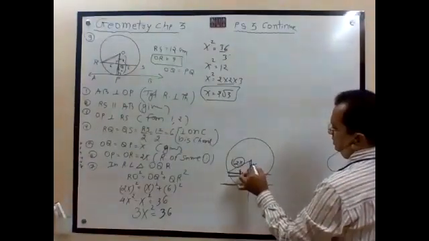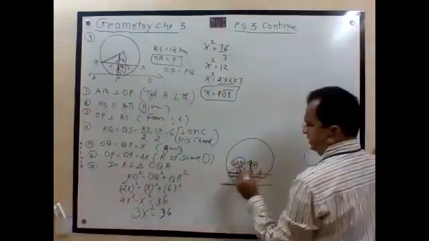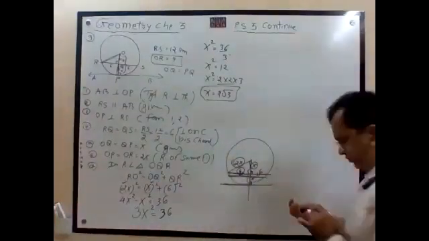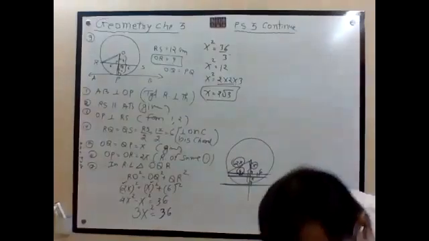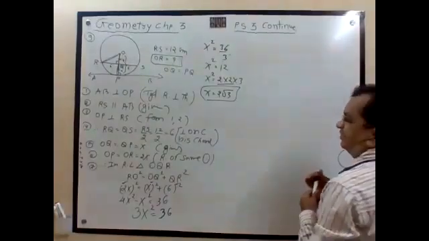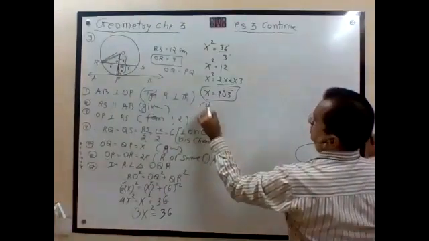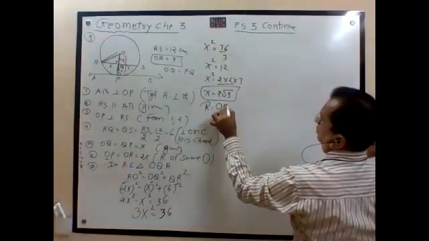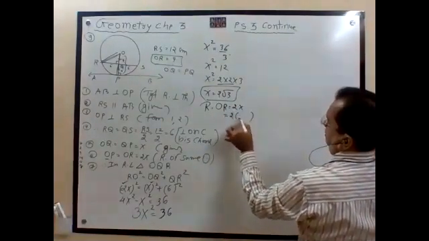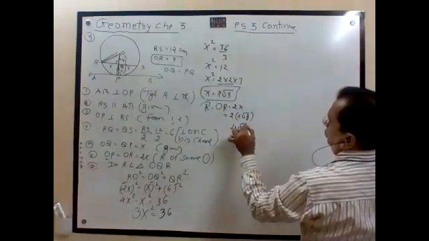So this square is equal to this square plus this square. 2x whole square is equal to x square plus 6 square. Then I have simplified, so I got this. But the radius is what? OP or OR. The radius is equal to OP, OR is equal to 2x, 2 times 2 root 3. So 4 root 3.